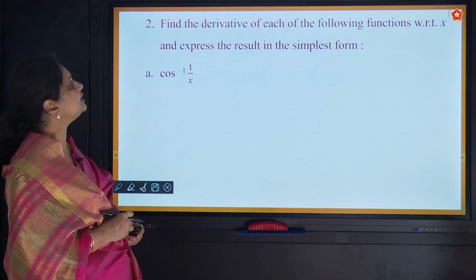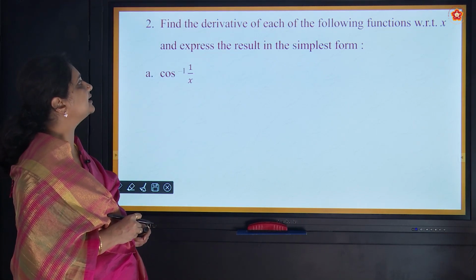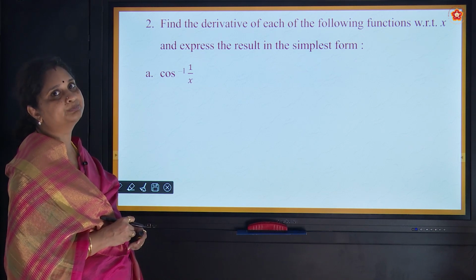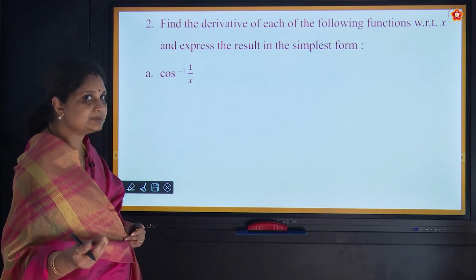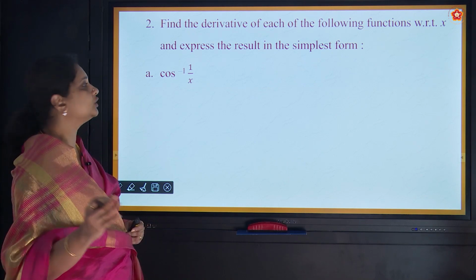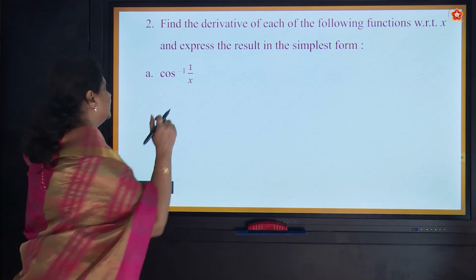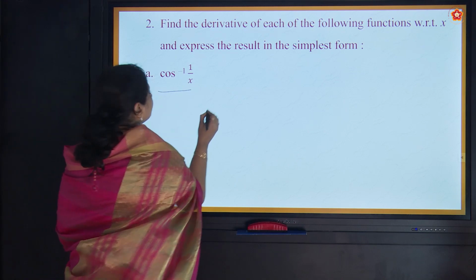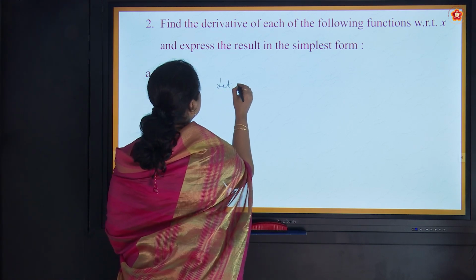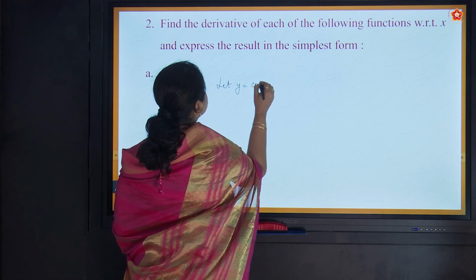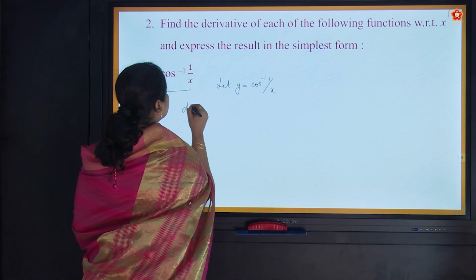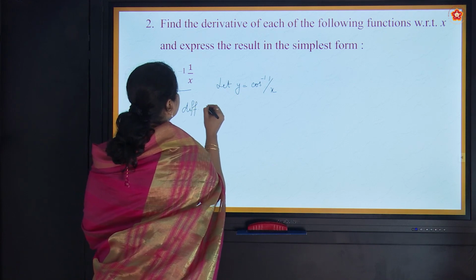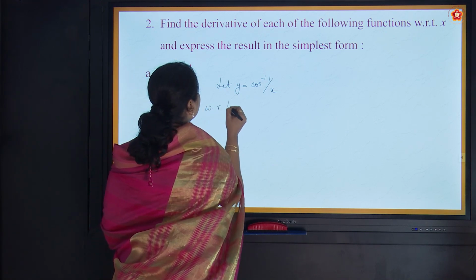Find the derivative of each of the following with respect to x and express the result in its simplest form. So we are supposed to differentiate. He has not asked you to use the first principle, so it means you're free to use the formula and differentiate. My first step would be as usual: let y is equal to cos inverse of 1 by x. Now I'm going to differentiate with respect to x.